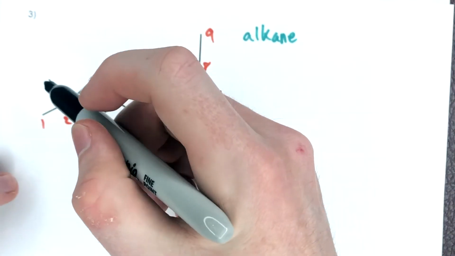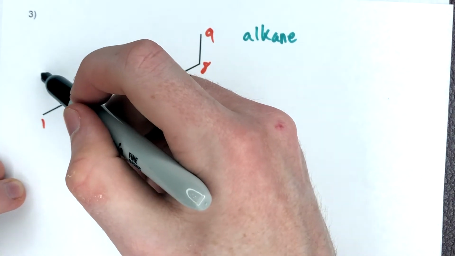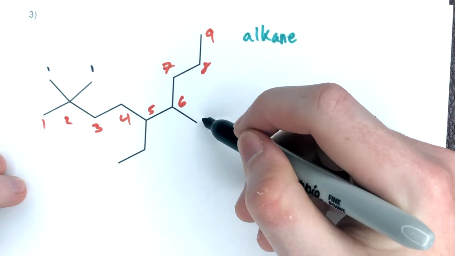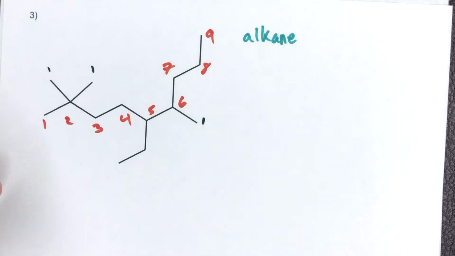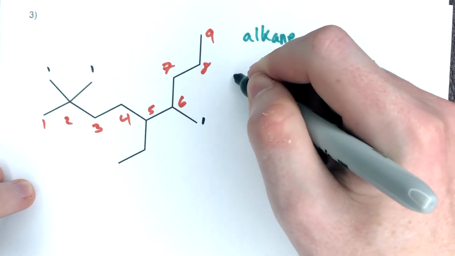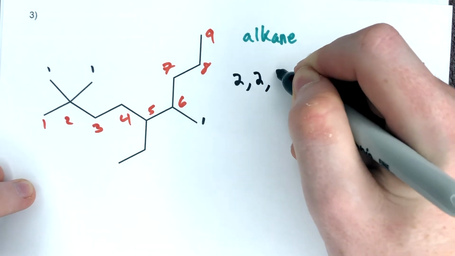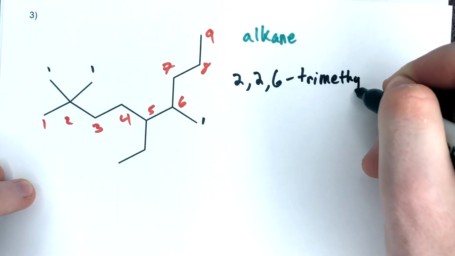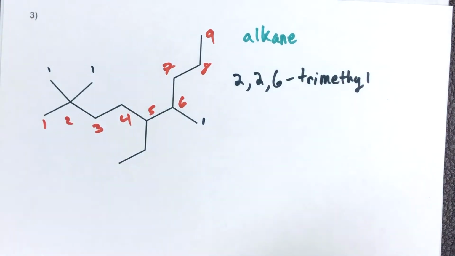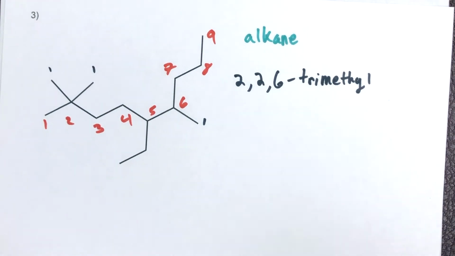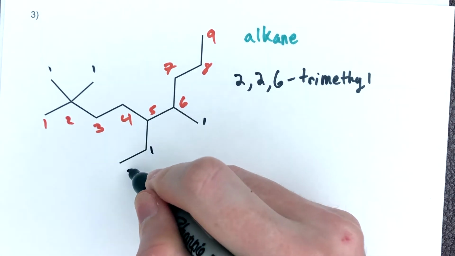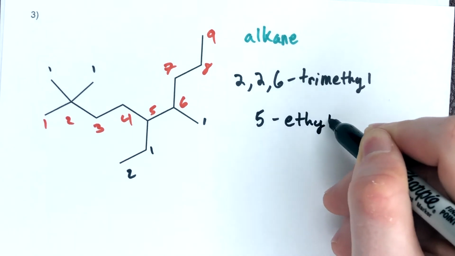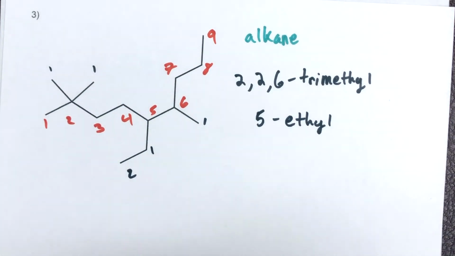Okay, so now at carbon 2, there's a 1-carbon branch, that's a methyl. And at 6, there's a 1-carbon branch, that's a methyl. So those are all the same. So this is now a 2,2,6 trimethyl, because now we have a prefix again, where it's tri because there are 3 groups. Then simply at carbon 5, we just have another ethyl group. So 5-ethyl, and that is it.